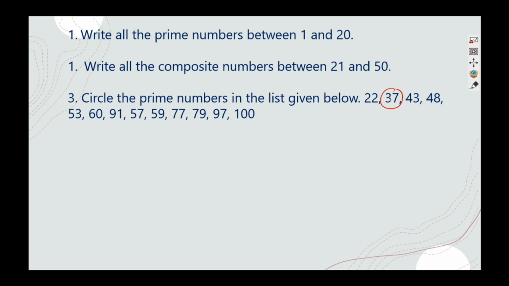So 37 is a prime number which never comes in any table. 37, then after 37 you are having 43 here. 43 never comes in any of these tables.